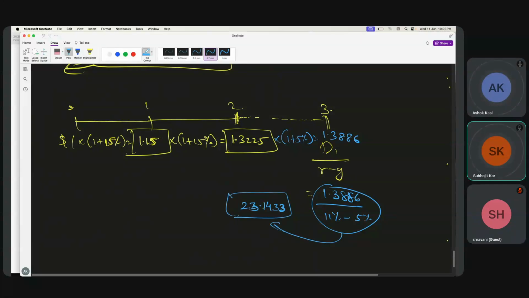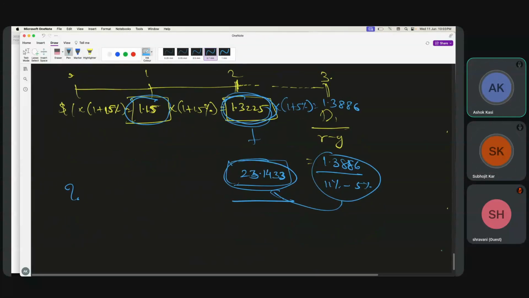However, we want the price today, and we are receiving this payment as well. So now this total amount: 1.3225 plus 23.1433 is 24.4658.